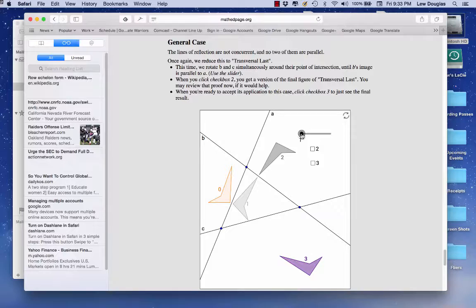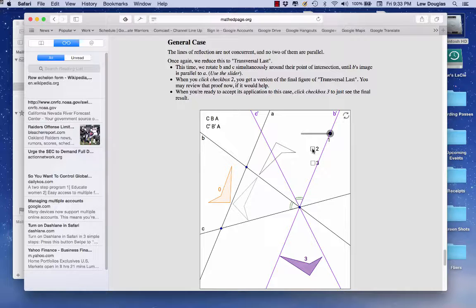This time it's going to be clockwise. And B's image is going to be parallel to A. And so A, B, C is equivalent to A, B prime, C prime. But now A and B prime are parallel, and then C prime is the transversal last. And so we've again reduced it to transversal last.